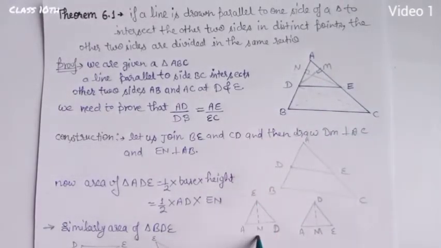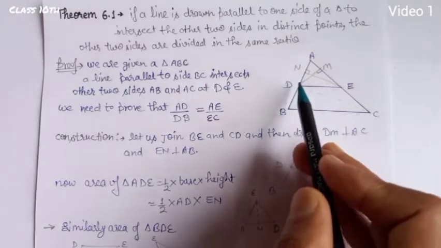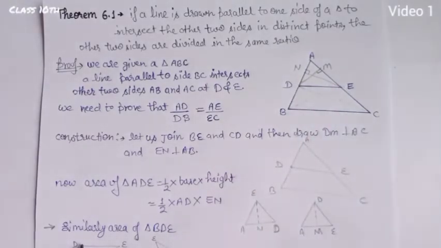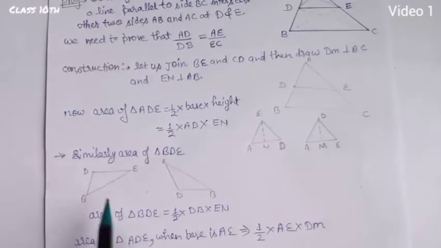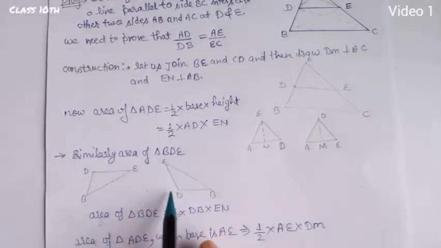Similarly, consider the area of triangle BDE. I have drawn BDE again here, rotated anti-clockwise, so E will come up. What is the area of this triangle?